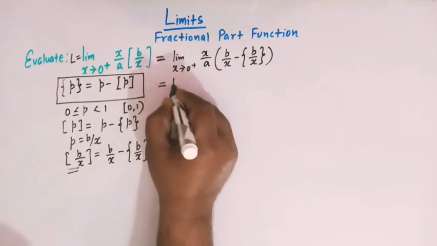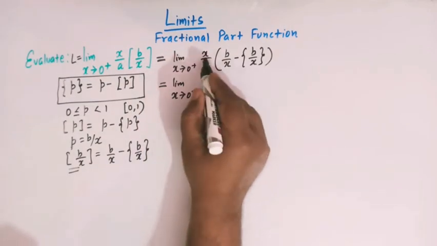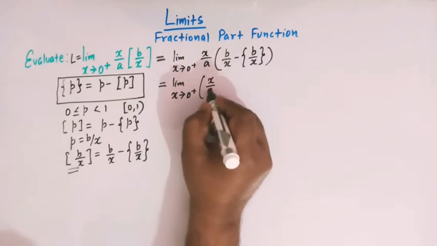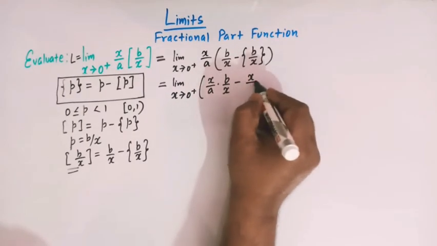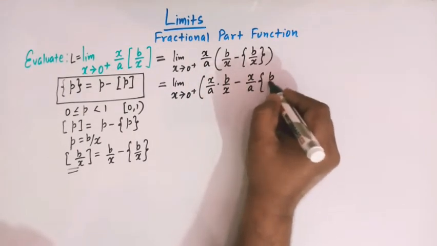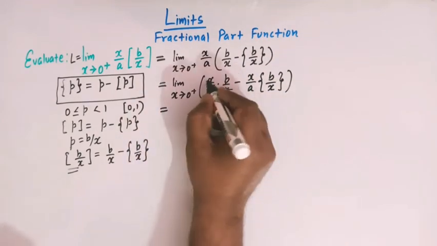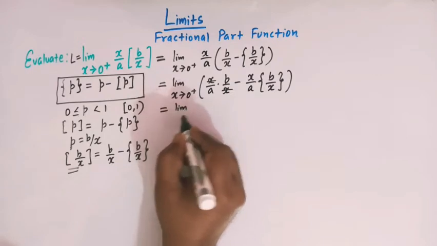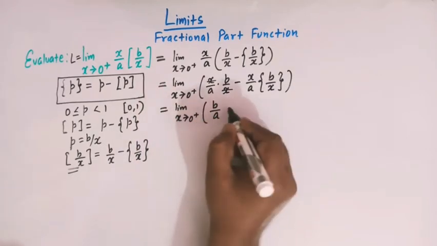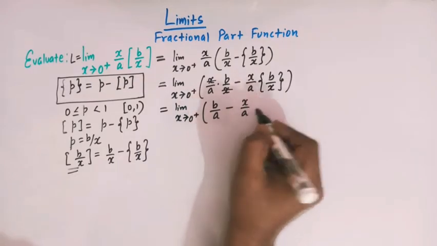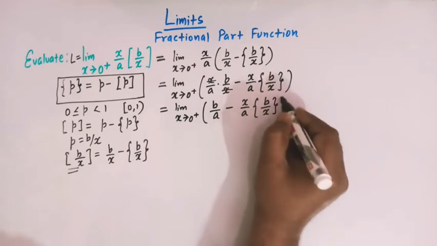So now we have limit x tends to 0 positive of x over a times b over x, minus x over a times the fractional part of b over x, right? And this x and this x get cancelled, so we have limit x tends to 0 positive of b over a minus x over a times the fractional part of b over x, right?